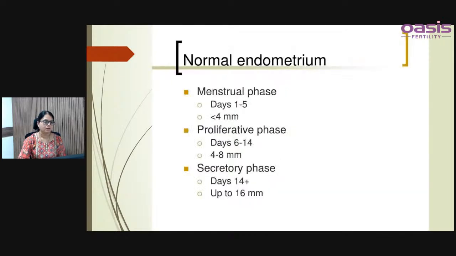Therefore, the normal endometrium during the menstrual phase, that is from day 1 to day 5 of the menstrual cycle, has a thickness of approximately less than 4 millimeter. During the proliferative phase, from day 6 to day 14, it should be around 4 to 8 mm. And in the secretory phase, it should be 12 to 16 mm.